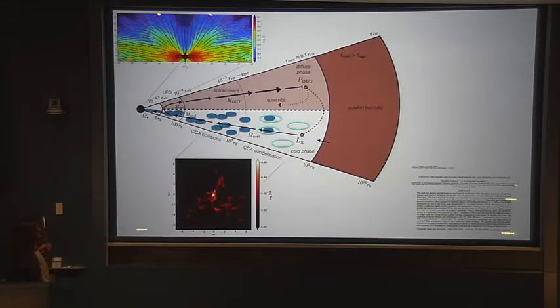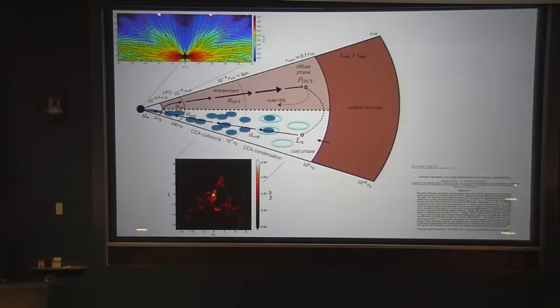This is a paper I like very much, by Gaspari and Sadowski. This is actually a numerical model, a GRR MHD code in which they've implemented and studied the coupling, once again, of these very small scales to very large scales.